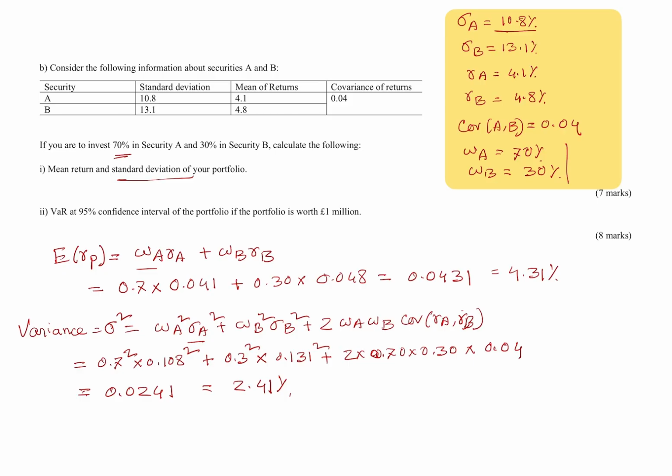Now, what I suggest, don't write this variance as a percentage. So let's do sigma here, which is the square root of 0.0241, and that gives us 0.15524.